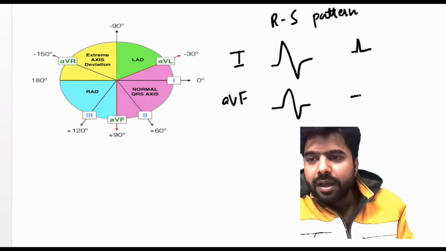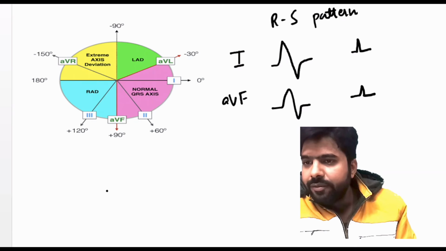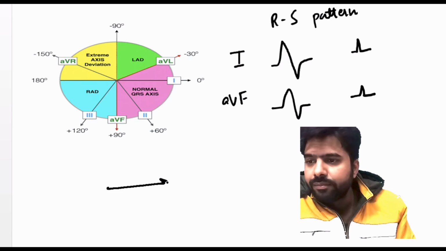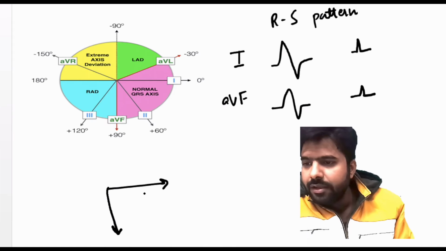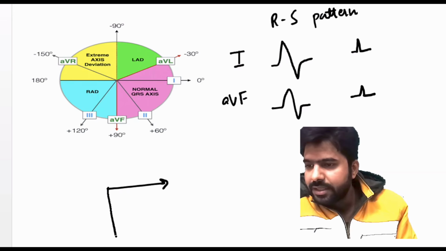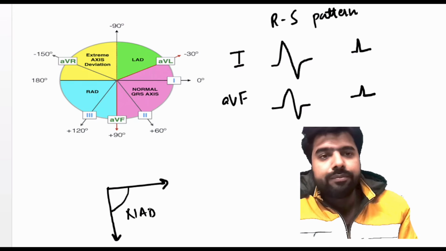Here also R is more than S, so it is also an upstroke. Now in lead 1 it is positive, that is an upstroke, and in lead AVF, R minus S is also positive. So it is a normal axis.